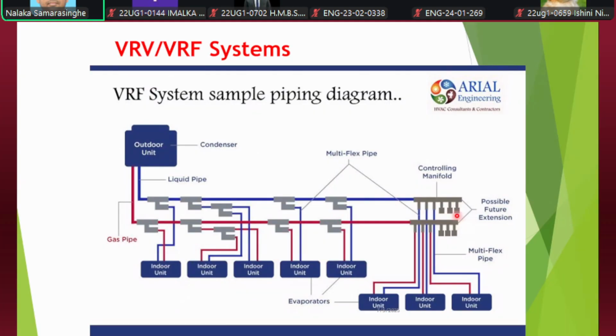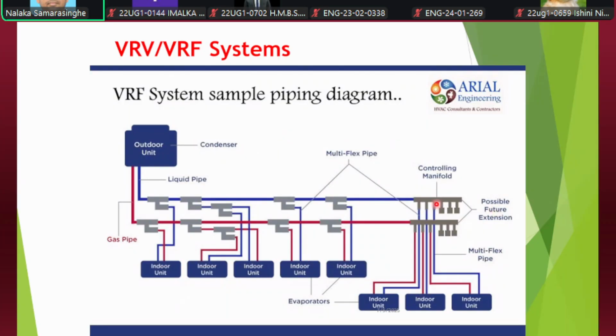That's the important thing in this one. Usually in the design phase, you have to decide that. Let's say presently you have a requirement for 8 indoor units, and you will need 6 more units to be added later on. So you size the outdoor unit accordingly. You have to do that at the beginning, before the selection of the air conditioning system.